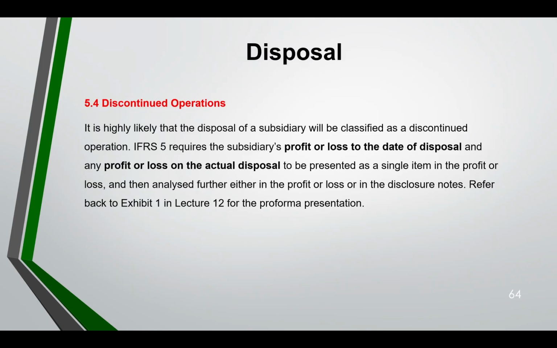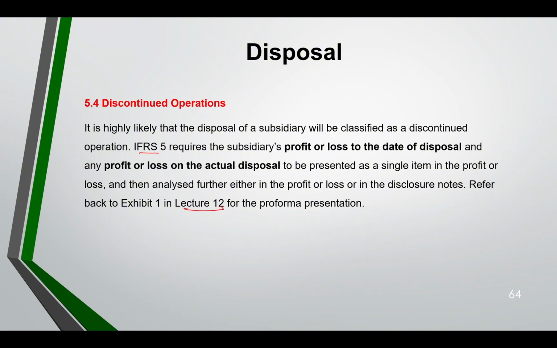Now, next, discontinued operation. It is highly likely that when you dispose of a subsidiary, it could be classified as a discontinued operation. We have a standard for it, IFRS 5. That says any profit and loss to the date of disposal and any profit and loss on actual disposal has to be presented as a single line in your profit and loss. And then you have to further analyze and see whether there are any profit and loss that goes for discontinued operation.